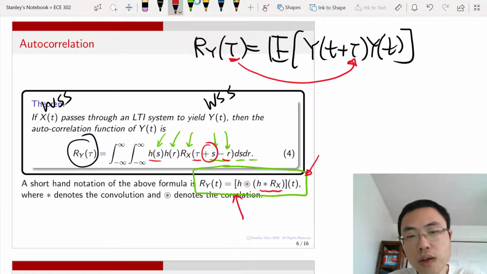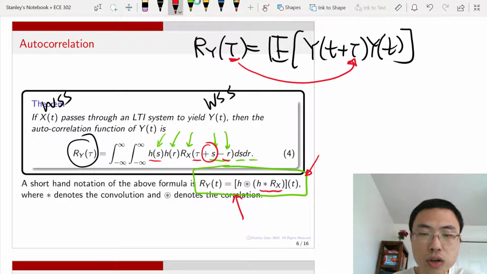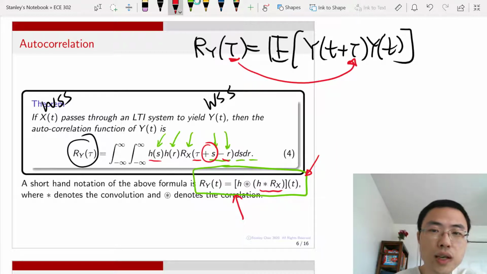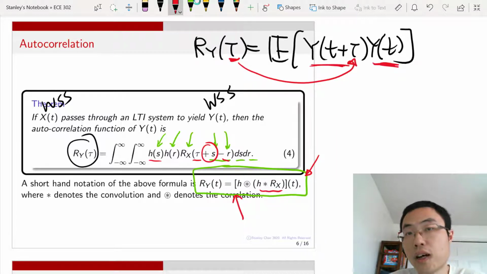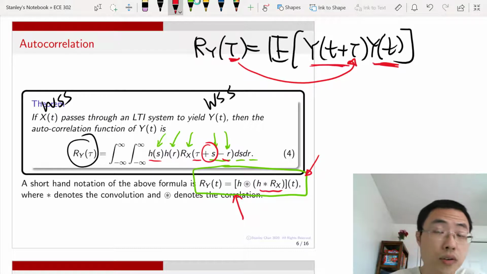Now you may wonder, how come you need to have this convolution and also this correlation? Why isn't it just the convolution between Rx and h that will give you Ry? The problem is that the autocorrelation function is really the squared version. If you remember the autocorrelation function, you're looking at the function itself and the function at a different timestamp, t plus tau.